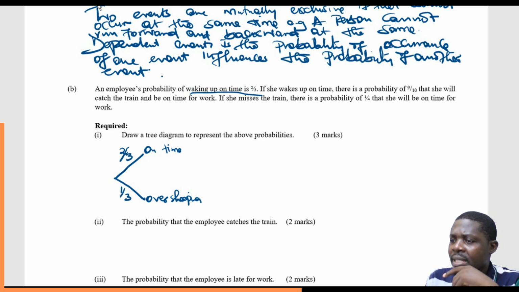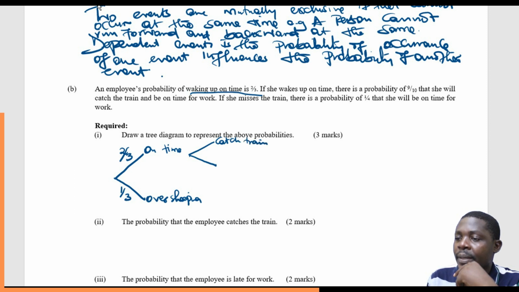Then we are told that if she wakes up on time, there's a probability 9 over 10 that she will catch the train. Here, catch train, then here, misses the train.